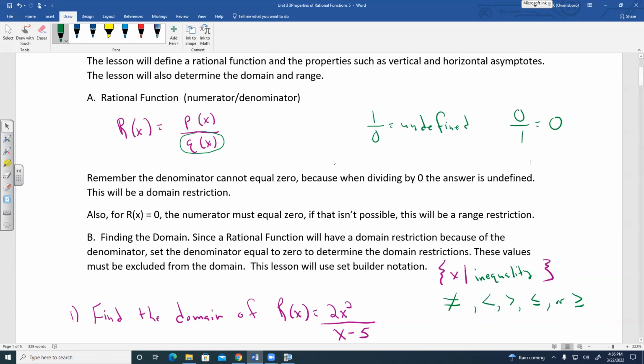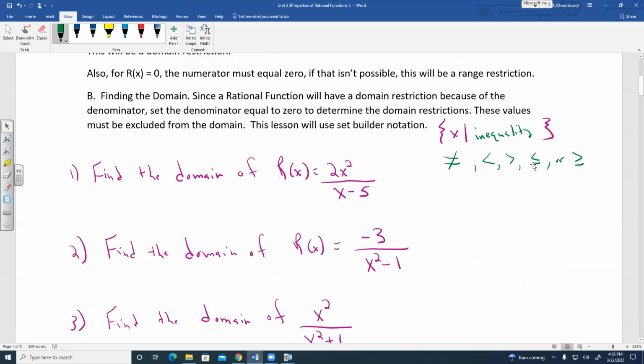So let's start with finding the domain. Since we have a rational function, there is going to be a domain restriction, and that's going to be because of the denominator. To find that domain restriction, what we do is we set the denominator equal to 0. That's going to help us determine the domain restrictions.